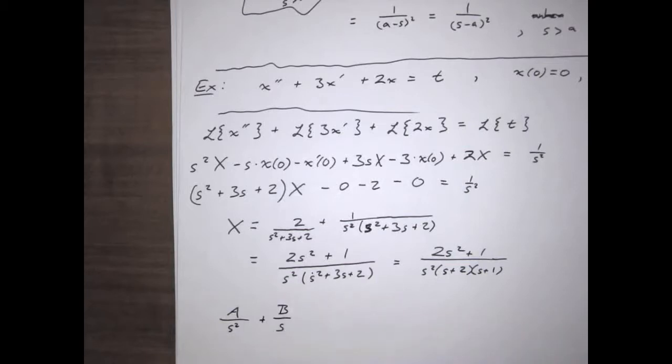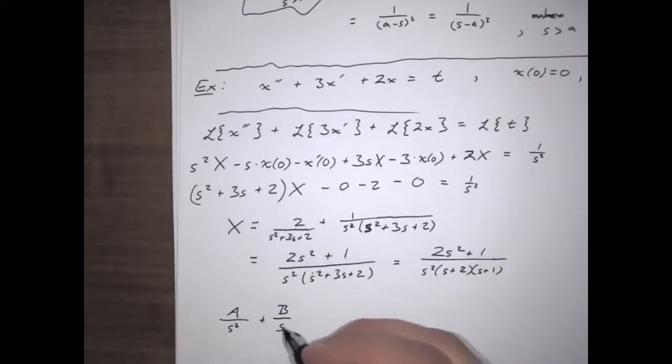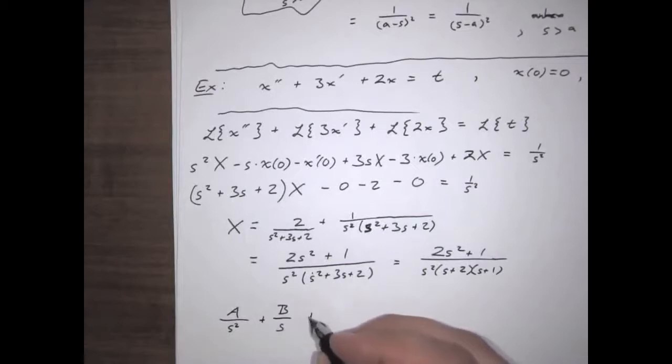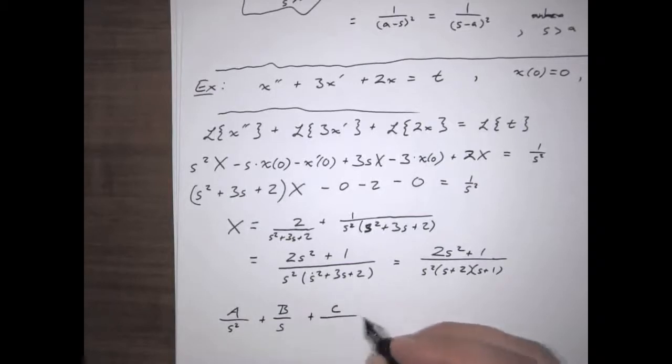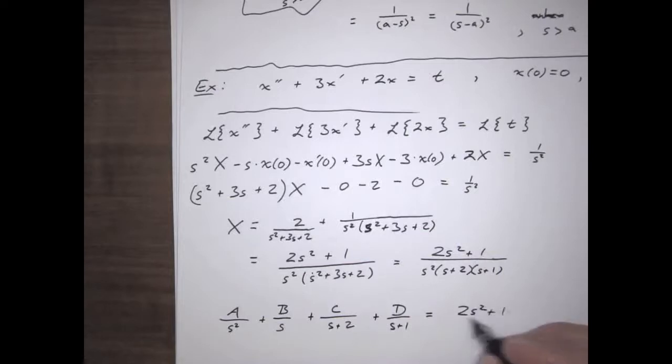So if you remember partial fractions, when you have a factor that is of a higher power, then you have to count down the powers like this, plus C over s plus 2 plus D over s plus 1 is equal to 2s squared plus 1 over s squared times s plus 2 times s plus 1.